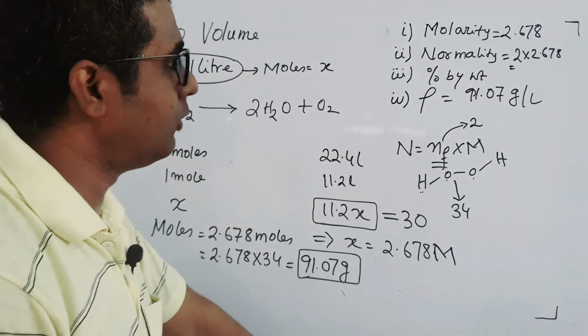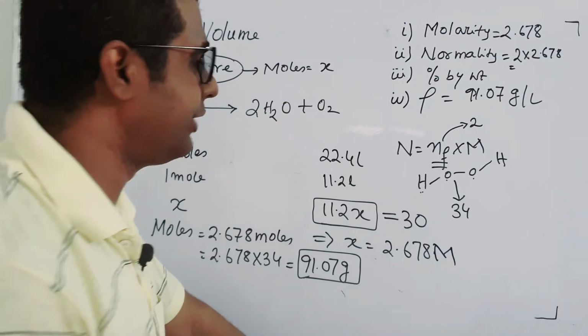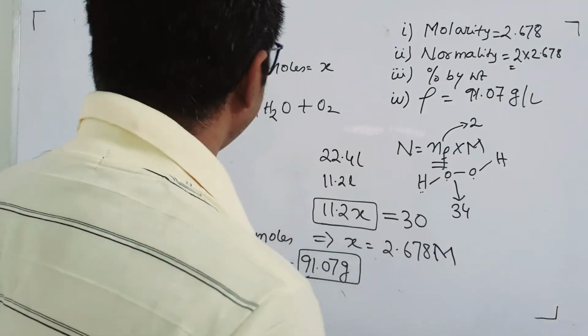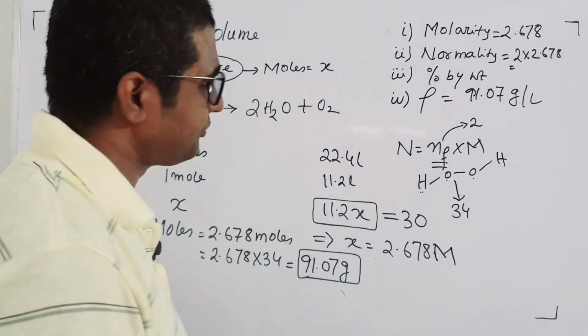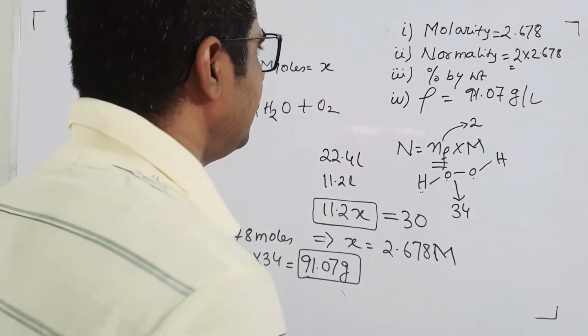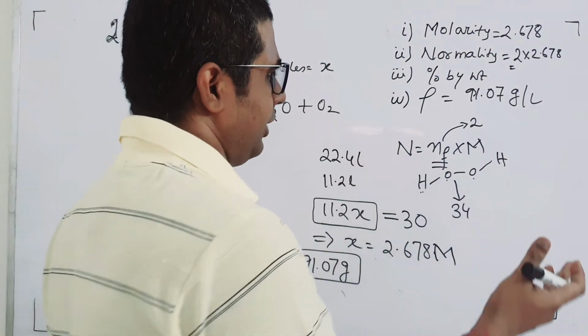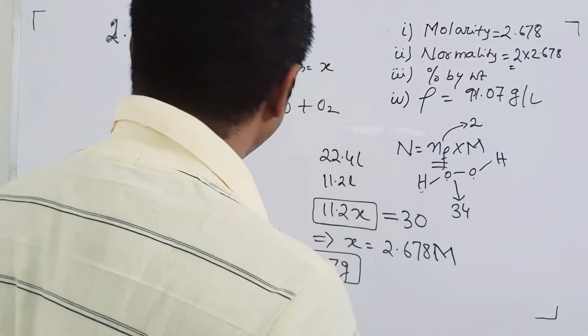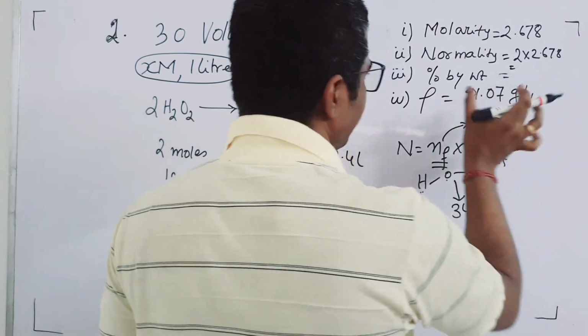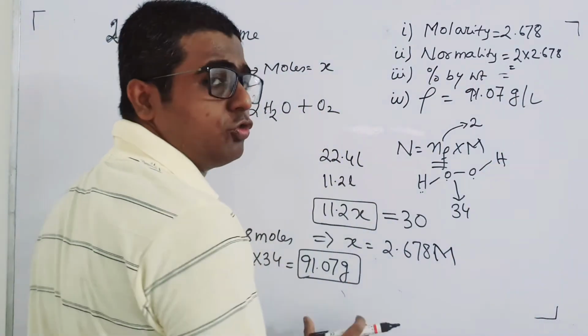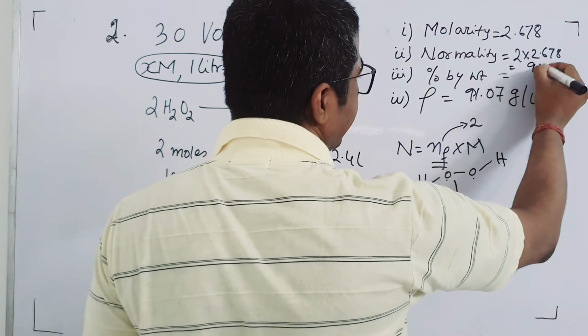You want to calculate the percentage by weight, no problems. See, the water solution is more or less having 1000 kg per meter cube, so that is 1 gram per cc. So you have to find out the percentage by weight. That means you need to write down the weight of H2O2 first, that is 91.07.